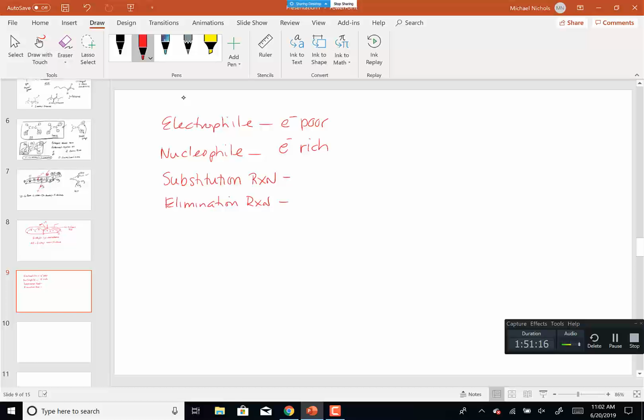So what would be an example of each? Well, for the nucleophile, let's say I had hydroxide ion. And I said that hydroxide ion is going to be electron rich. What's making it electron rich?